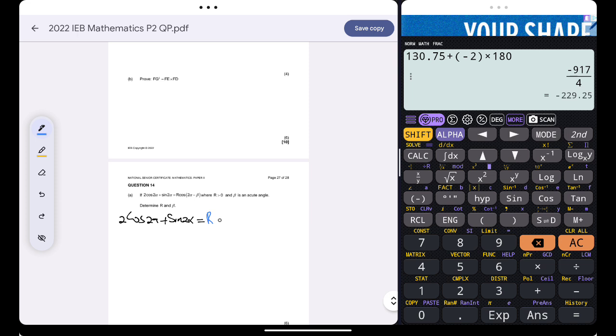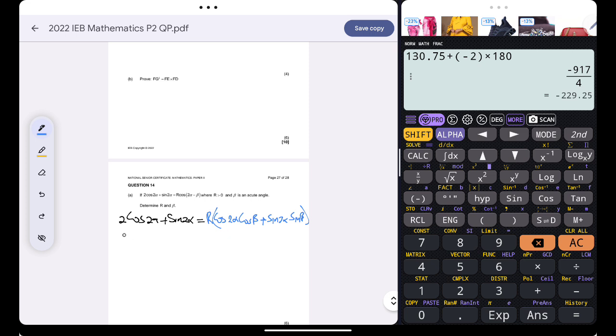Yes, we'll have r cos 2a cos beta plus sine 2a sine beta, right?